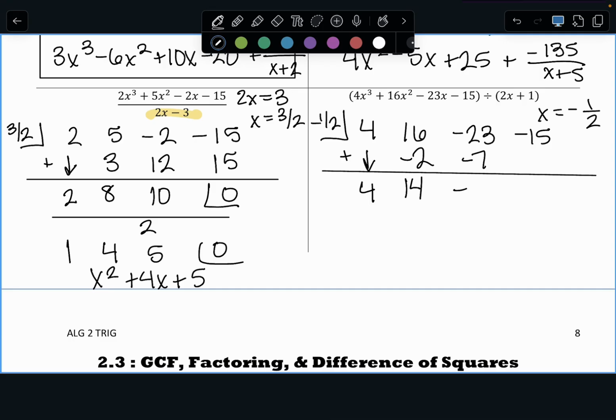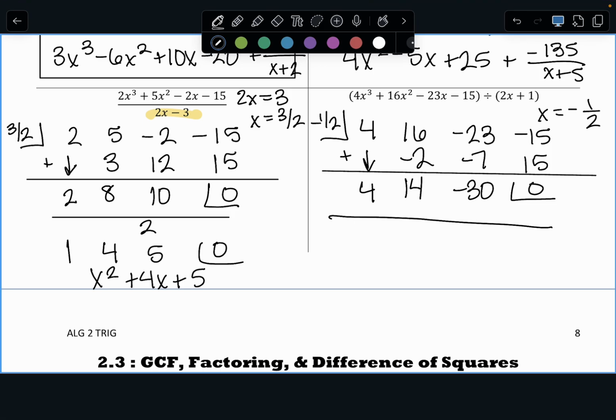We add negative 30. Divide by 2. 15, negative 15, and then we make it negative again. So positive 15. And then we add and we get a remainder of 0.